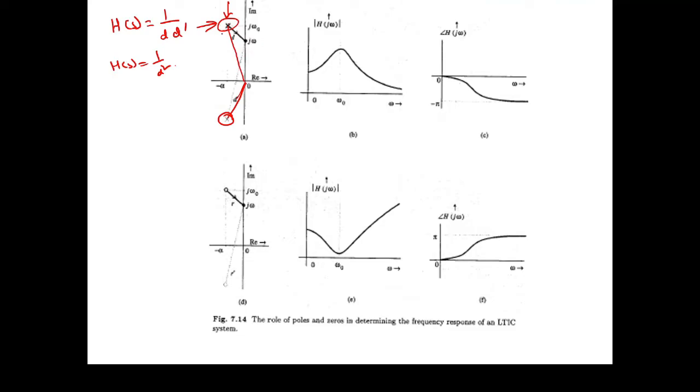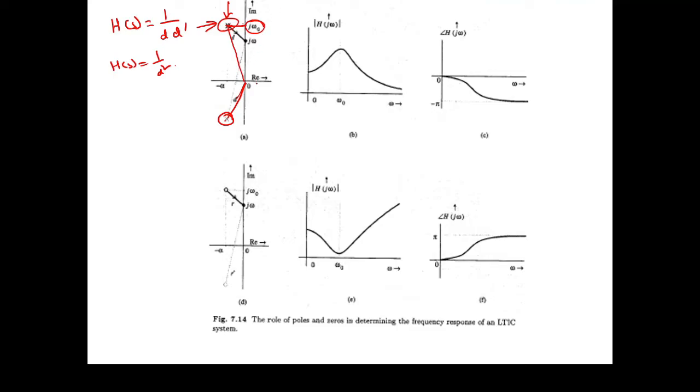Now slowly, as we move to the shortest distance, which is the point parallel to the x-axis from the pole to the frequency axis, at that point we get the shortest distance, and the distance from here to this point will be quite big.